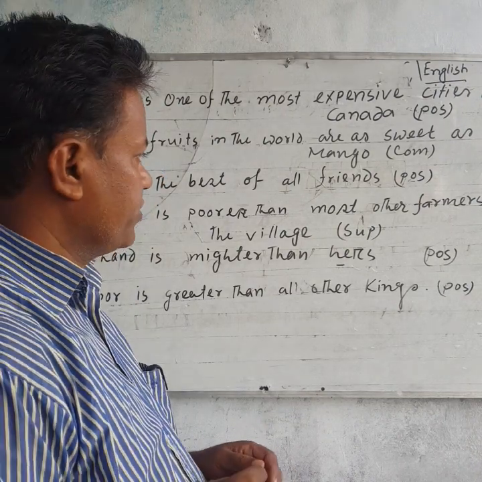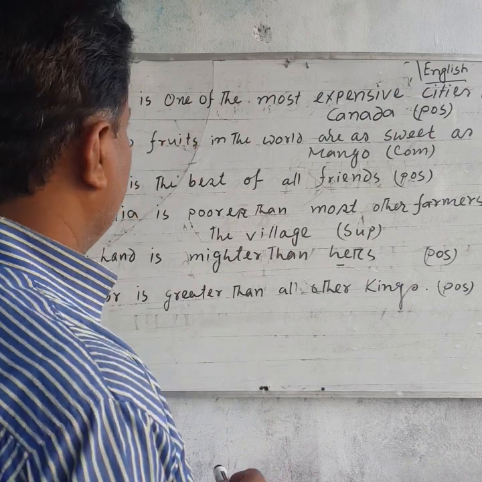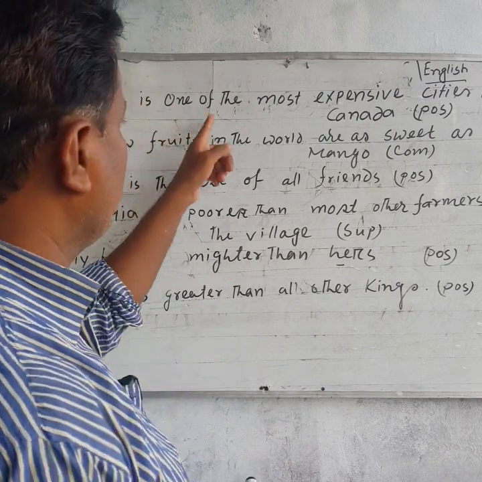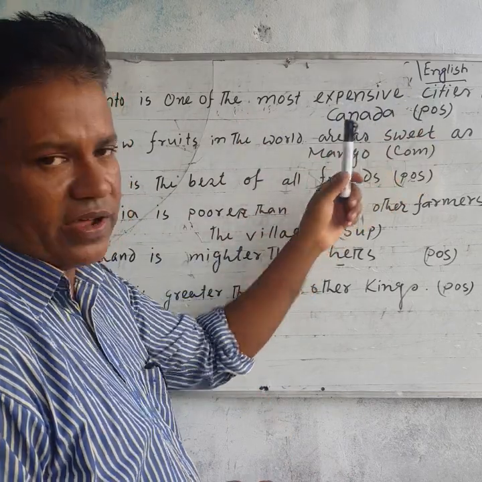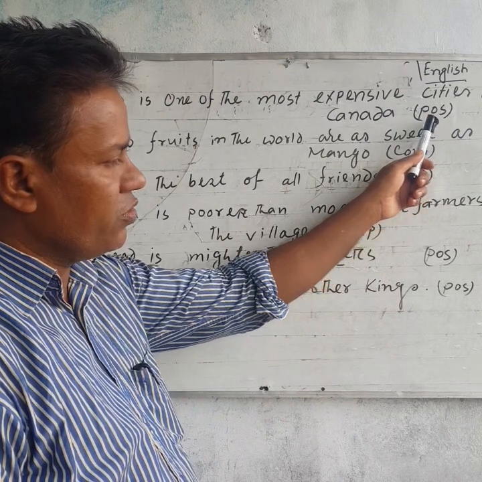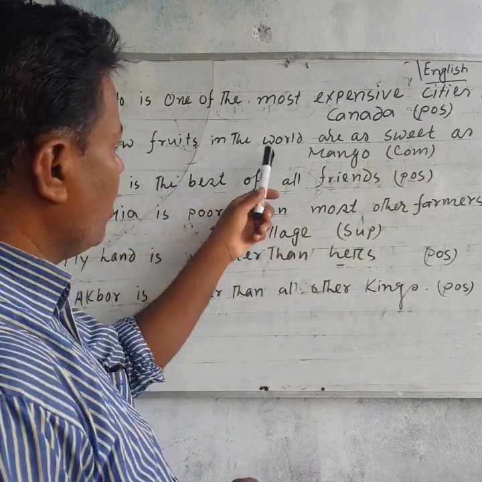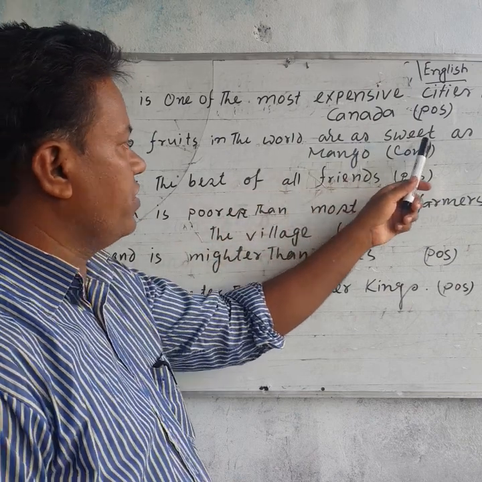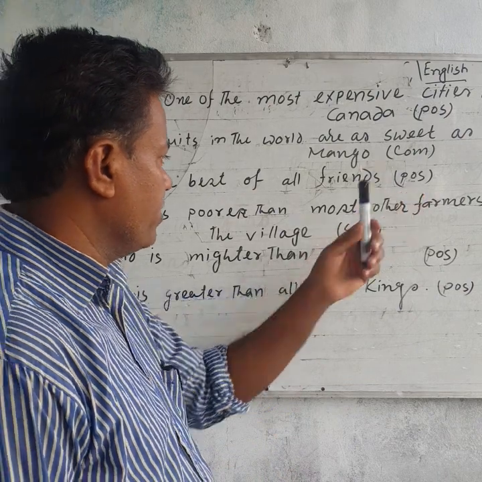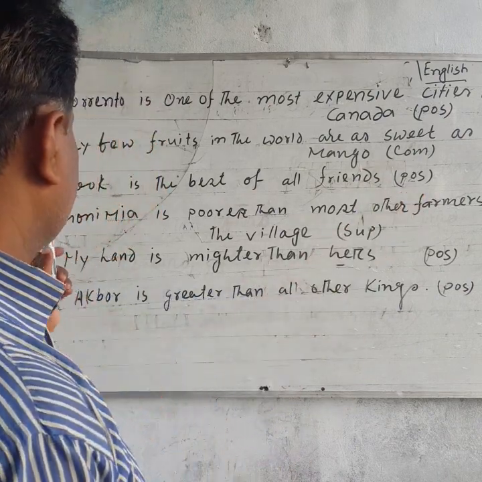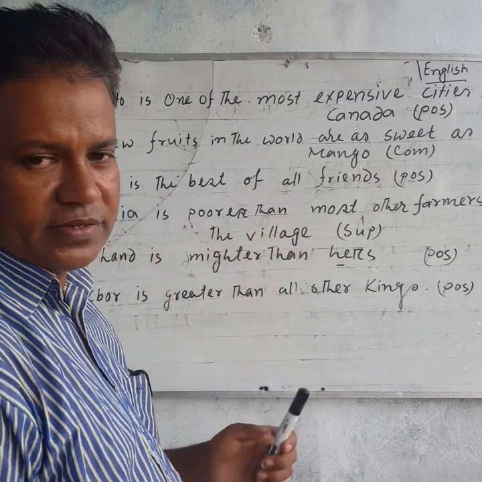I hope all the students have written well. Again, I read them out. Toronto is one of the most expensive cities in Canada. Turn it into positive. Very few fruits in the world are as sweet as mango. Turn it into comparative. Number 3: Book is the best of all friends.